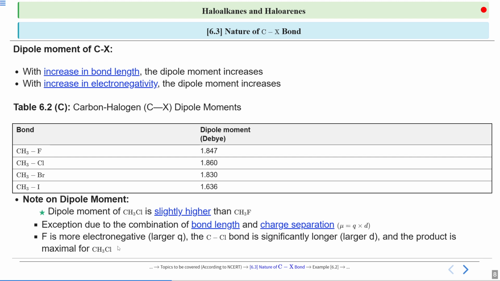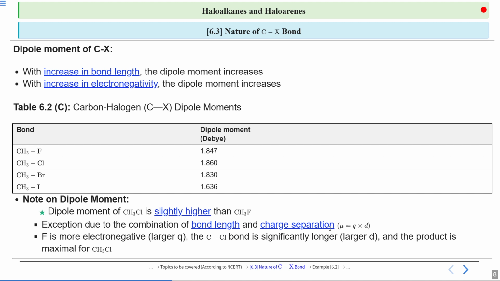The bond length in the carbon-chlorine bond is larger than the carbon-fluorine bond, which compensates for the slightly smaller charge separation in the carbon-chlorine bond, and that's why chloromethyl will have more dipole moment than fluoromethyl.